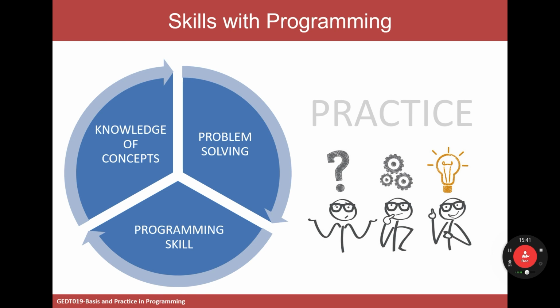Those are the many skills you will learn slowly and easily in this course. Step by step, we have 15 weeks. Within these 15 weeks, slowly we will let you catch those skills of learning concepts of computer science, thinking about any problem and solving it in an algorithmic way, and also learning how to write software, or what we call programming skills. So these are the skills we are going to learn in this course.